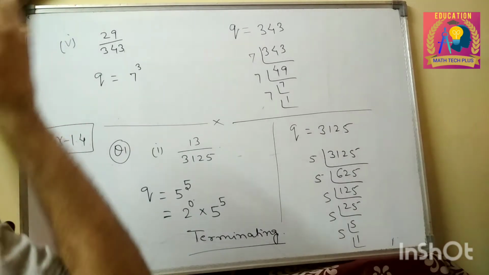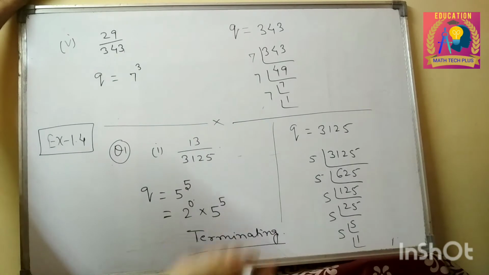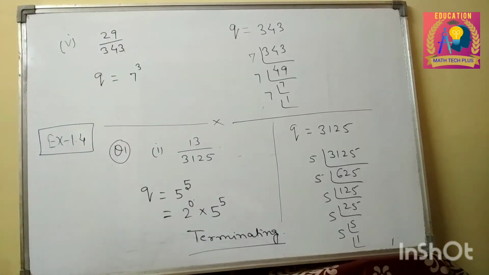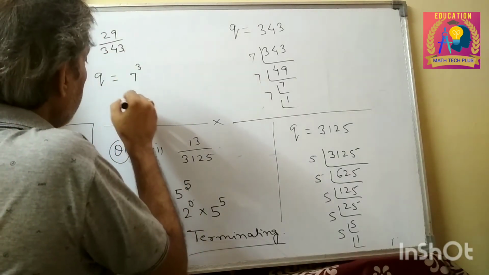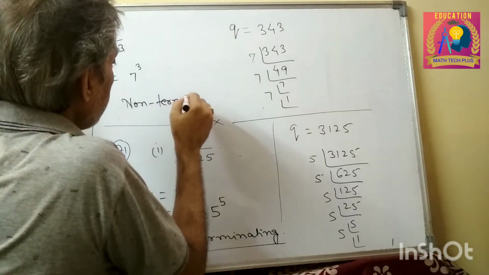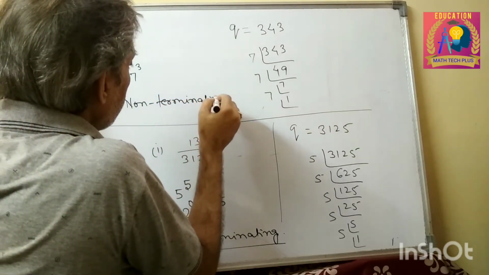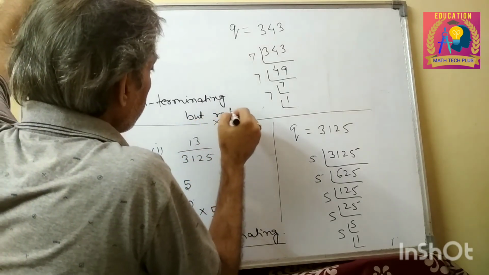There it says if q has any other factor other than 2 and 5, then it is non-terminating but repeating, and therefore this number is non-terminating but repeating.